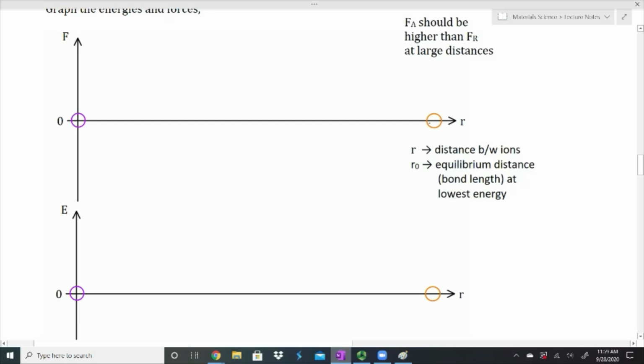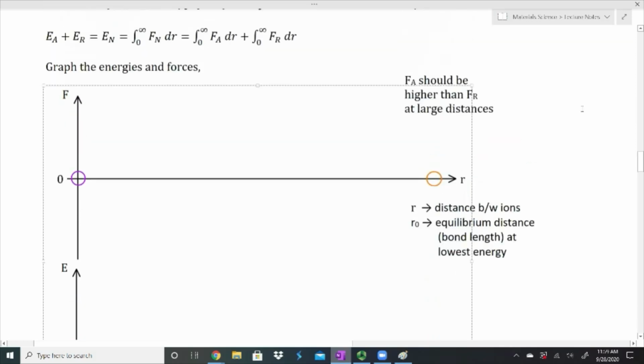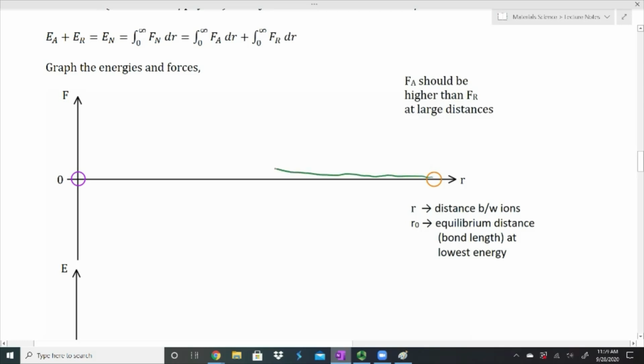And then I have our negative charge over here somewhere on our radius. And as these come together, they're going to be attracted more and more. Again, you can think of this kind of like gravity. So I'm going to say that our attractive force is going to look something like this.